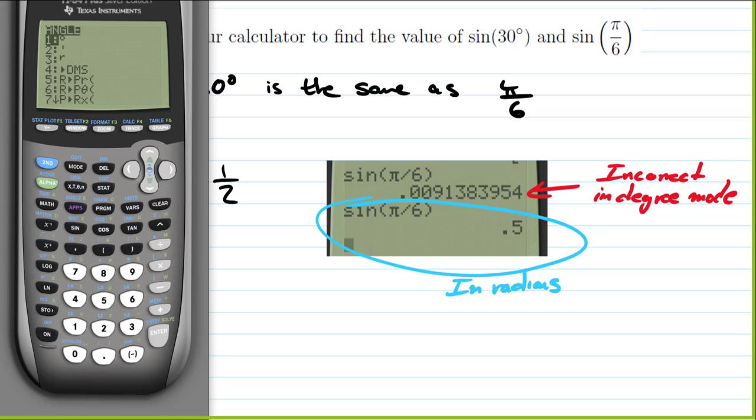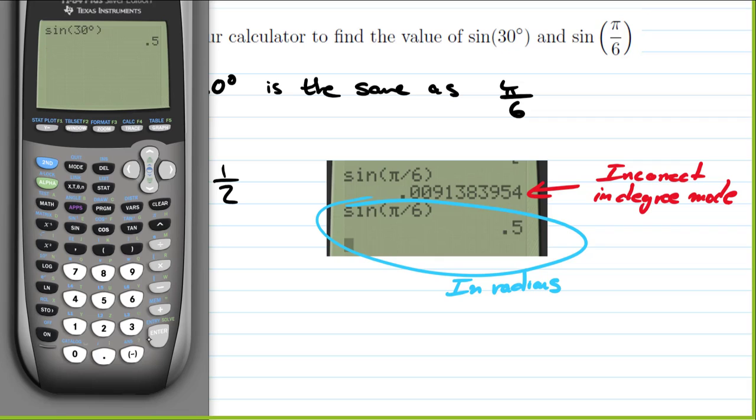If we go there, you'll notice it has a degree symbol. This will override the mode that your calculator is in. So if I go 30 and insert the degree symbol, my calculator knows, even if it's in radian mode, that I want degrees. You can do one-offs and say, this time it's in degrees, so give me the degree measure.